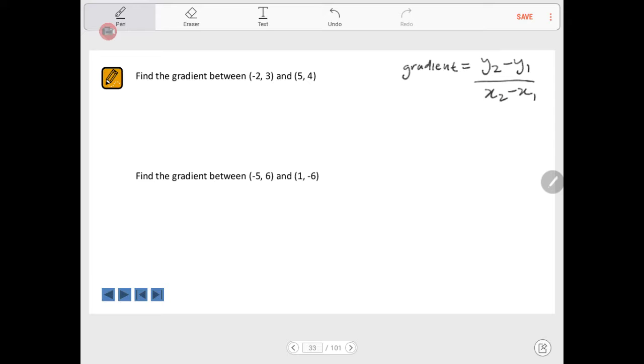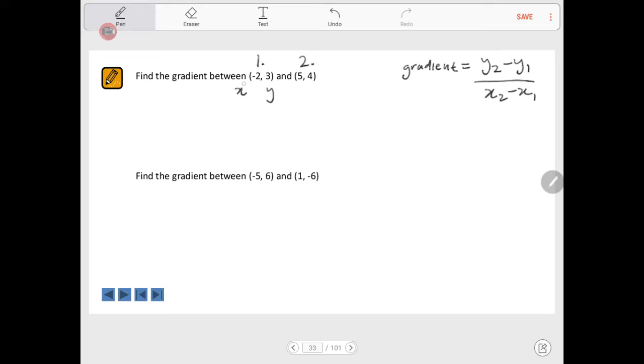So where on earth do these y2, y1, x2 and x1 values come from? Well, let me show you. Over here we have two coordinate points, coordinate point number 1 and coordinate point number 2, just in order from left to right. We know that in a coordinate point we have the x value first and the y value comes second.